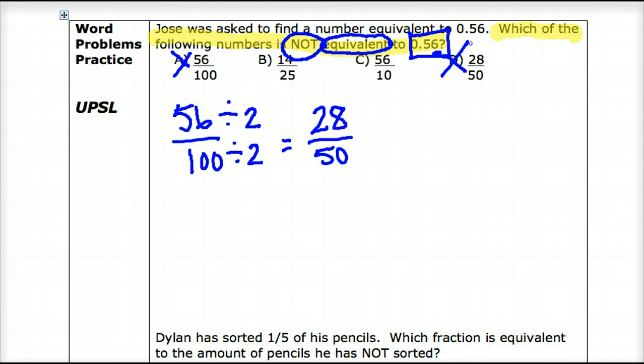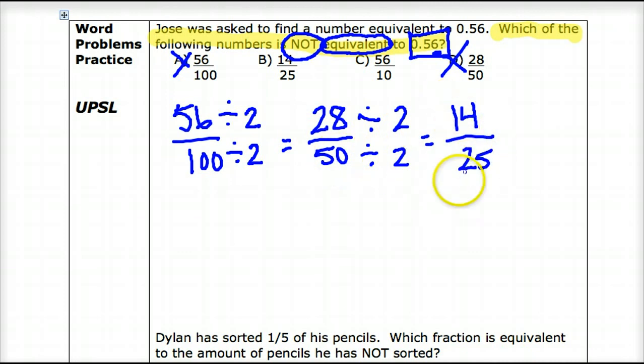We have 14 25ths and 56 tenths. We want to know which one is equal. These numbers that are left are smaller, so we can divide again. Let's say we divide top and bottom by 2 again. You're going to see that we divided by the same number on top and bottom. So 28 divided by 2 is 14, and 50 divided by 2 is 25.